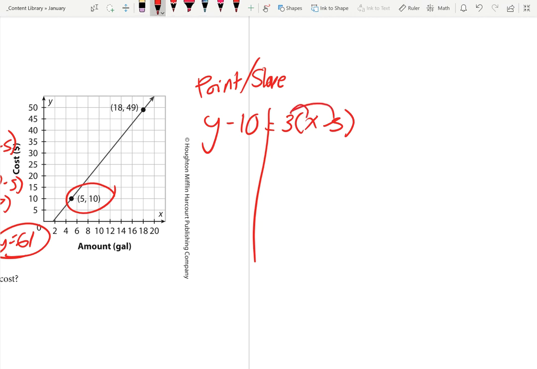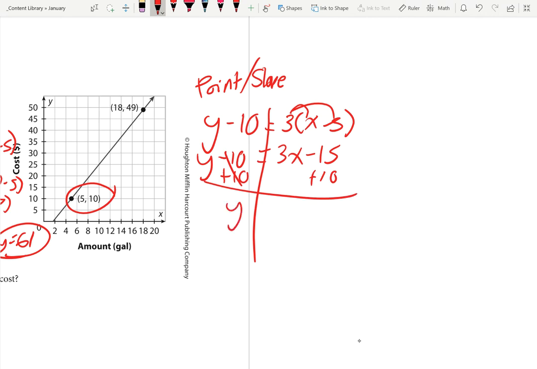So when I do that, it's only a 2-step process. 3 times x would be 3x. 3 times negative 5 would be negative 15. So bring that side down and then move the 10 over. Since it's negative, I'll add it to move it over. And I end up with y equal to 3x minus 5, because negative 15 plus 10 is negative 5.